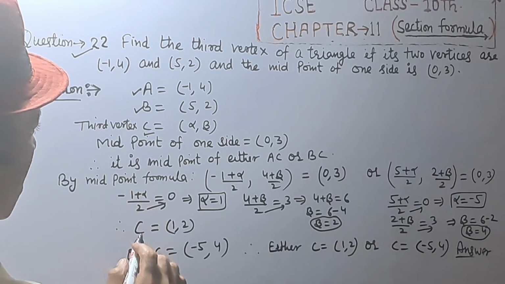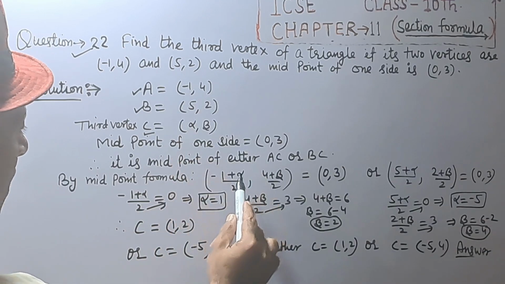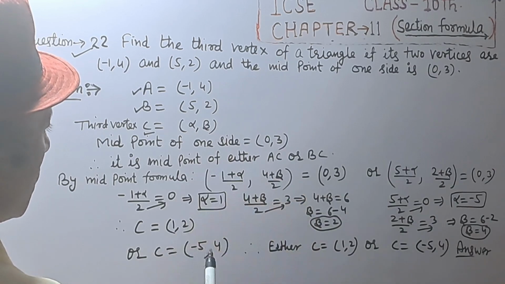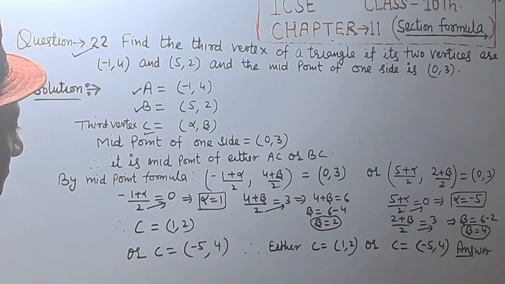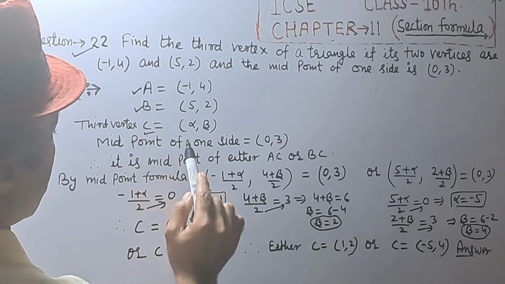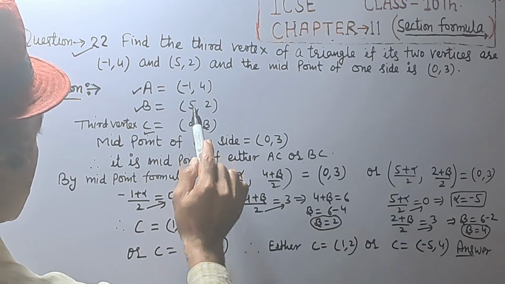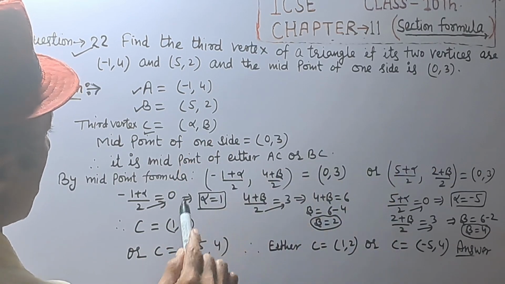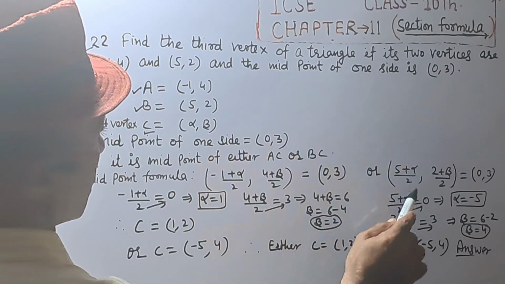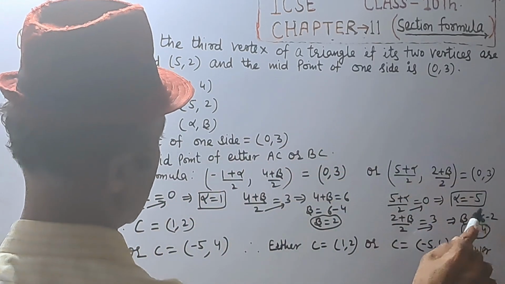So by the midpoint formula, for AC, ((alpha - 1)/2, (beta + 4)/2) equals (0, 3), or for the midpoint of BC, ((x1 + x2)/2, (y1 + y2)/2) = ((alpha + 5)/2, (beta + 2)/2), and the midpoint is (0, 3).